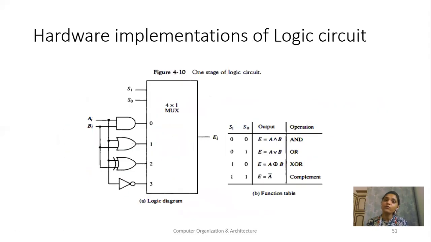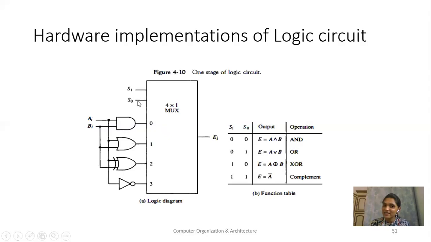If we design the circuit for logical operation, or hardware implementation, for the ith bit, it has two selection lines. Here we have used a 4x1 mux. A 4x1 mux has two selection lines, so your selection will be 0 0, 0 1, 1 0 or 1 1, and according to the selection, the input will be selected and provided at the output.